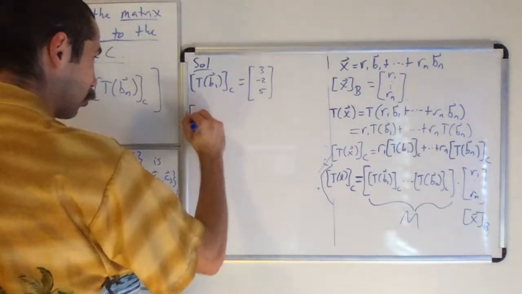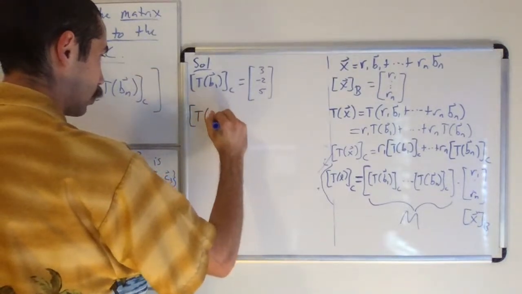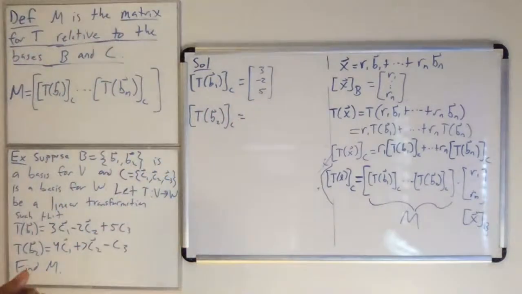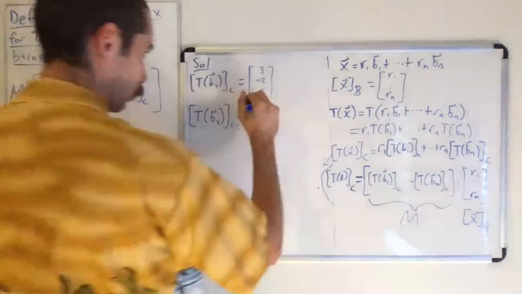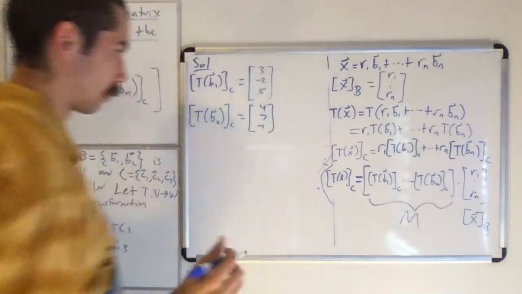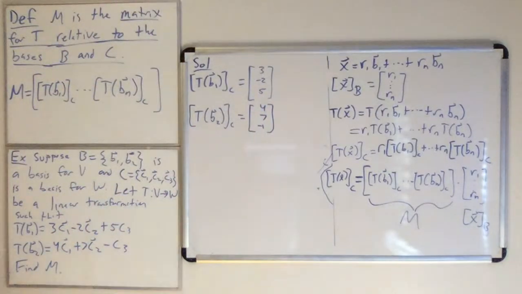And the C coordinates of B2 is the vector 4, 7, -1. And so we're done.